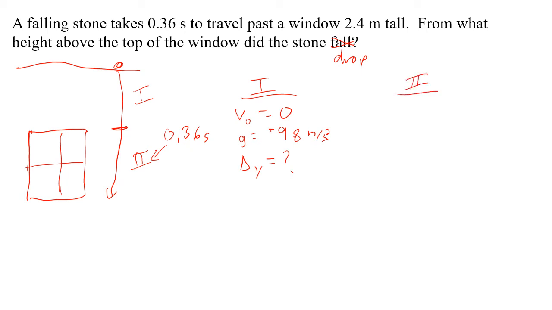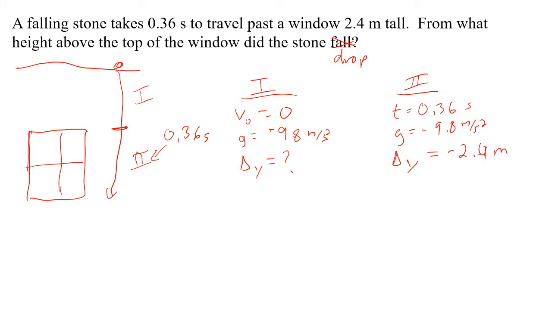So for part 2, we've got t is 0.36, g equals negative 9.8 meters per second squared, and we also know delta y is negative 2.4 meters. That's how tall the window is, so that's how far it falls during that amount of time.